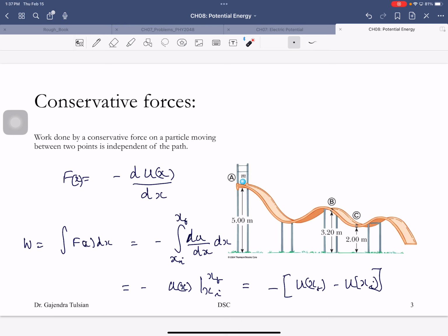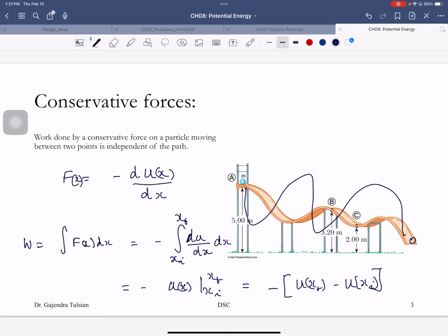It doesn't depend on the path taken. Okay? So for instance, when this guy is going down here, and if he ends up here, the work done by gravity doesn't depend on the shape of the track. And if there is no friction, his speed there will be independent of the shape of this track. That's what we're saying.